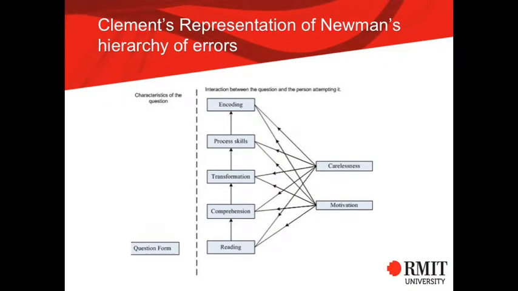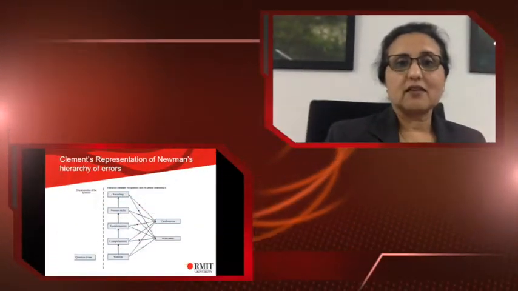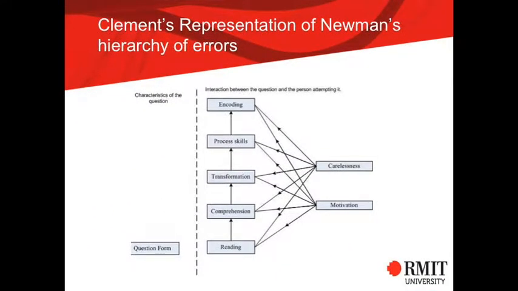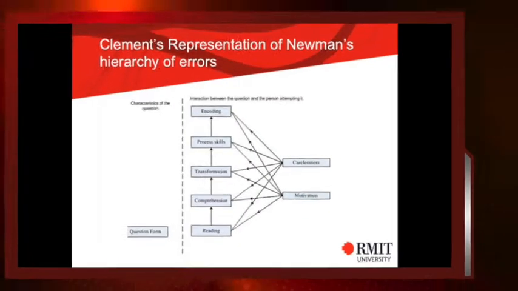Now I'd like to call your attention to what is known as the Newman hierarchy of errors. In a one-stage worded problem of mathematics, the student goes through 5 stages in solving it. They start with reading, comprehending, and then transforming that into a mathematical equation or some sort of format where they can solve it.